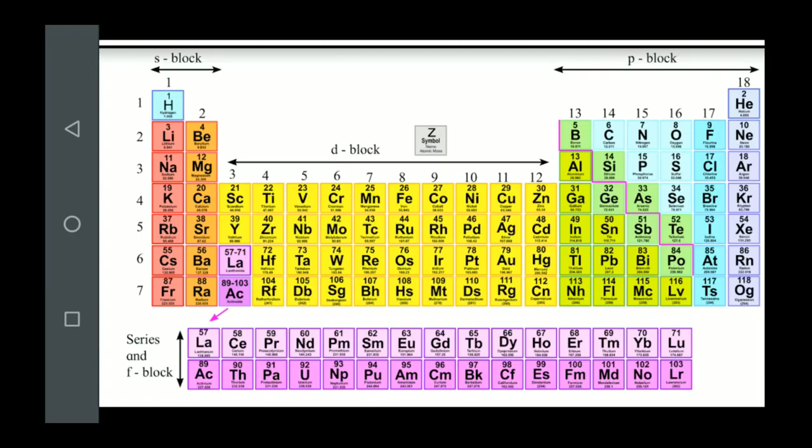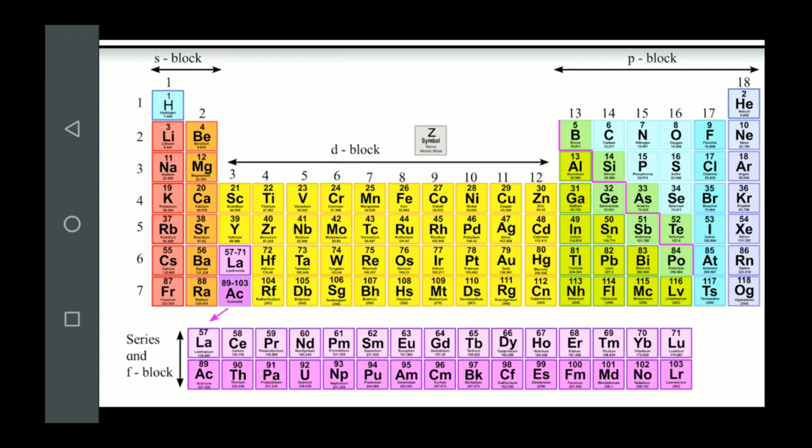In the same way, the next series, that is the 5f series, is known as actinoids, because all the 14 elements from thorium to lawrencium resemble actinium in their chemical and physical properties.